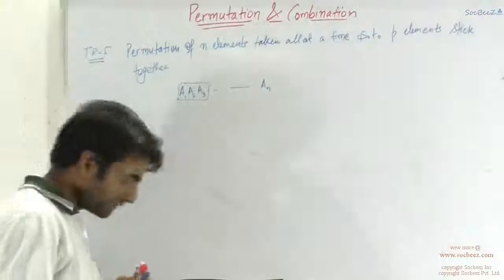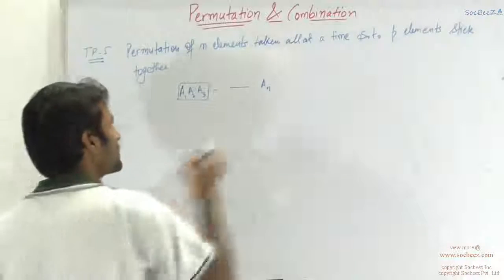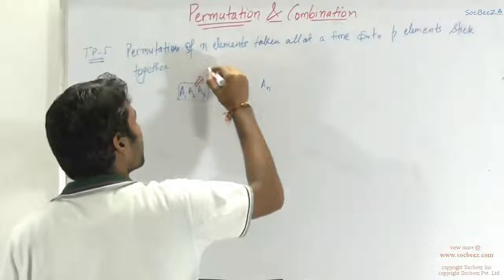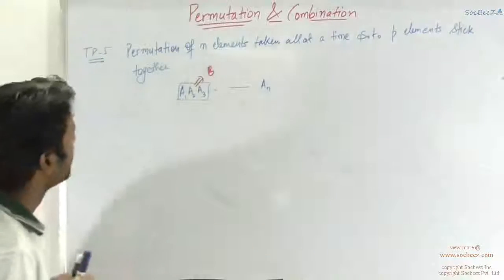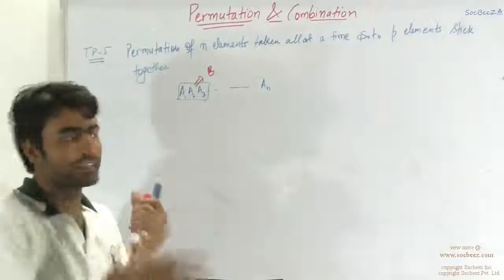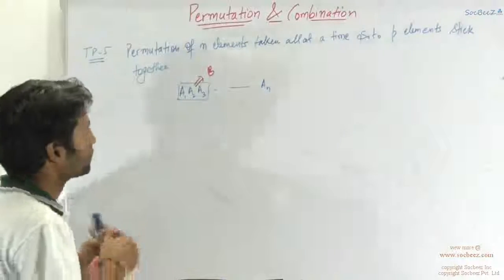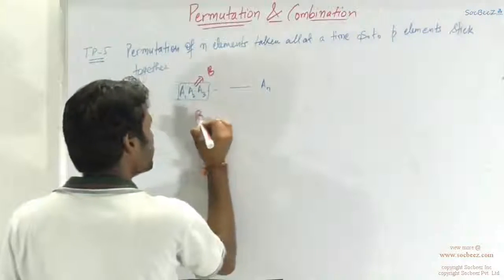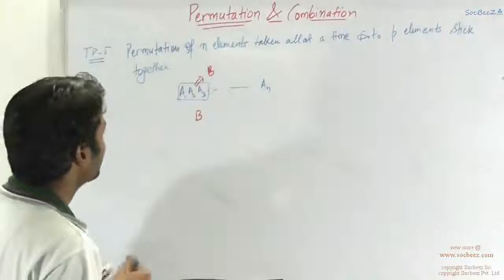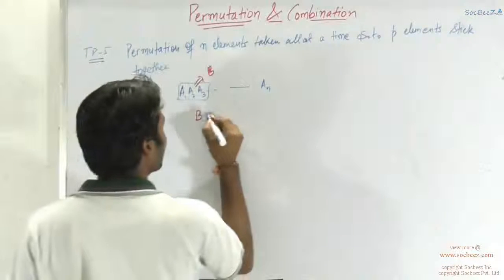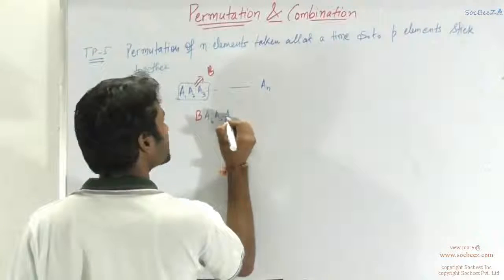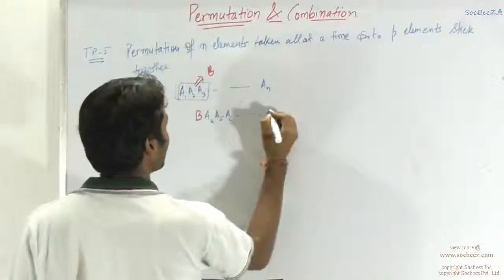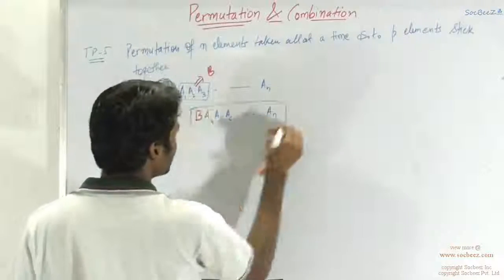Okay. So if I say you just consider this as one block, consider it as B, a different element, then the current set you will get is B, A4, A5, A6, this continues. So this is the set you get.